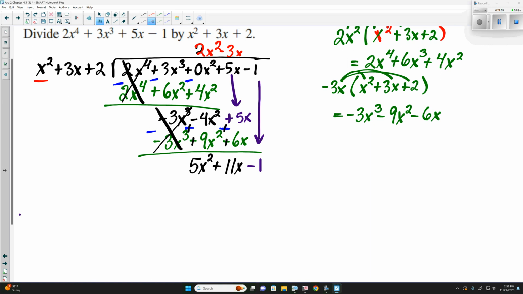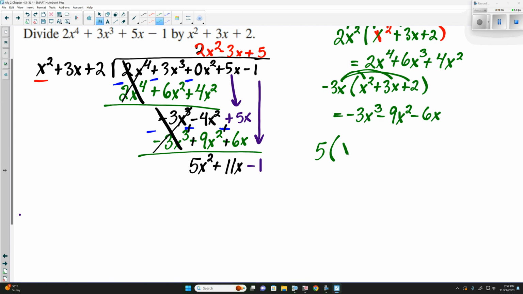Lastly, what times x squared gives us 5x squared? It'd be positive 5. What would the remainder be? Let's see.